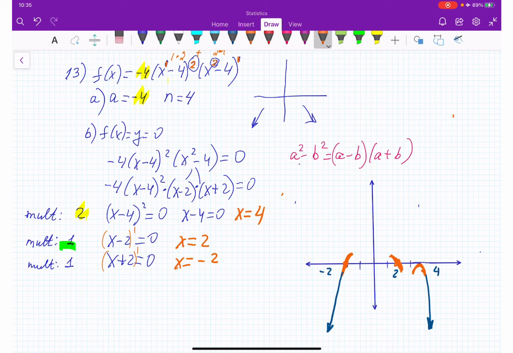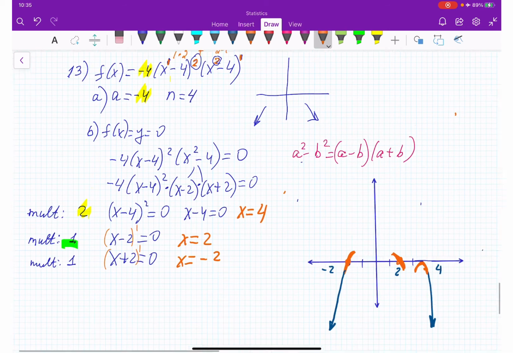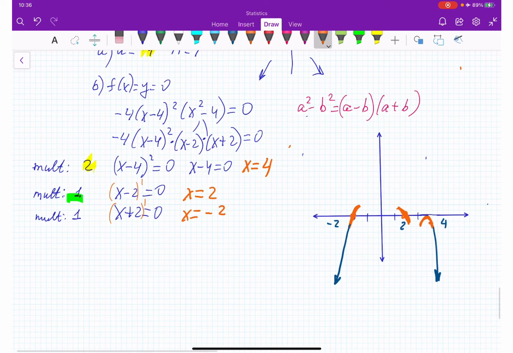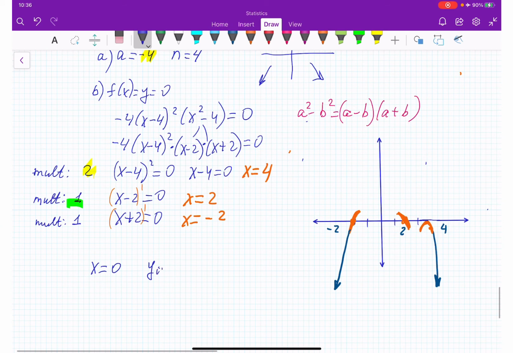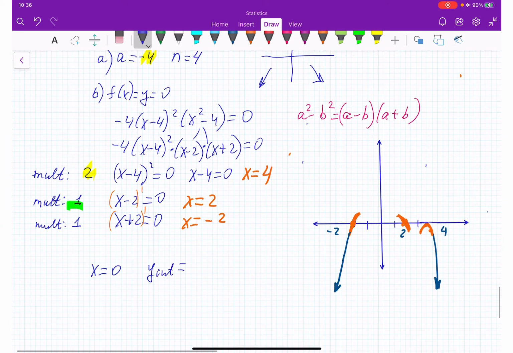So the only thing we need to know, since obviously it's going to cross the y-axis somehow, is at what point it's going to cross y, which means I'm going to take x equal to 0 and find the y-intercept. So the y-intercept is equal to, where is it?